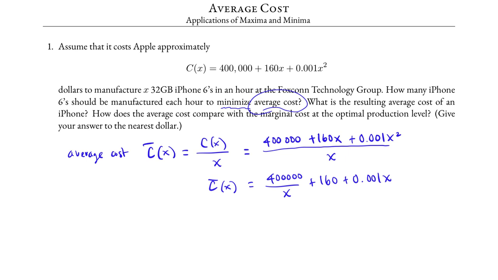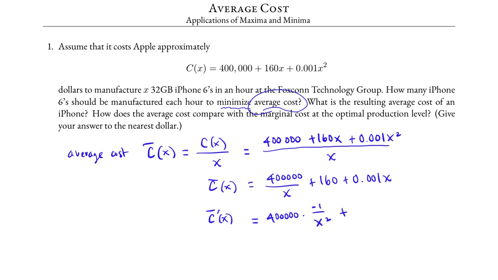The next step is to find the derivative of this average cost. The average cost prime: the derivative of 400,000 over x is 400,000 times the derivative of 1 over x, which is negative 1 over x squared, where 400,000 is the constant multiple.